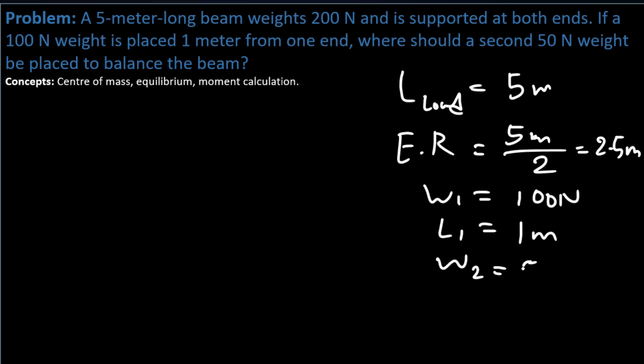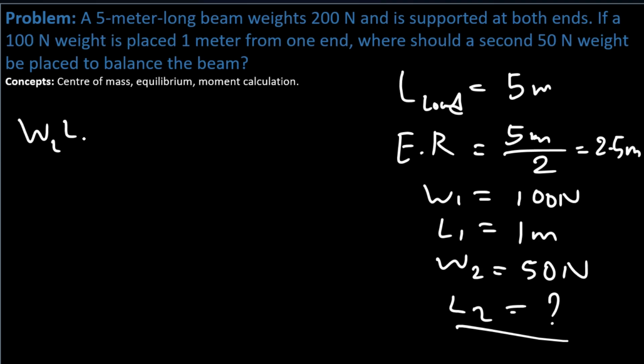W2 equals 50 Newton and L2 is unknown, so we need to find the value of L2. Now we write it this way: W load times L load, the effort arm, plus W2 L2 equals W1 L1.